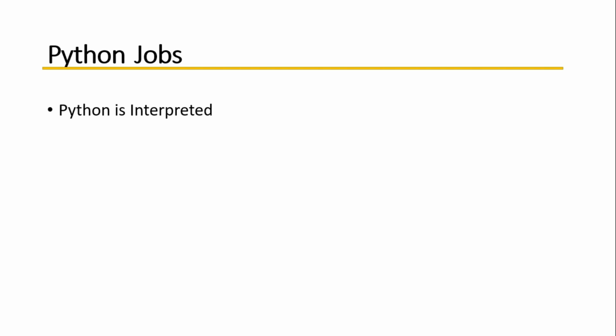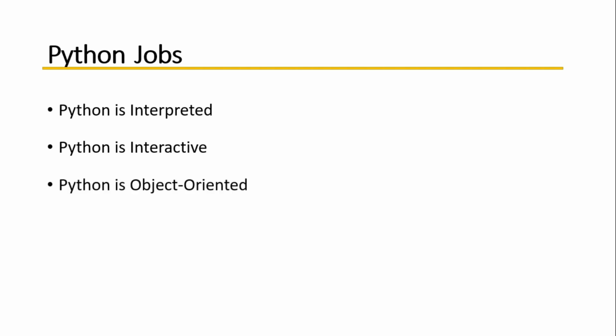I will list down some of the key advantages of learning Python. Python is interpreted. Python is processed at runtime by the interpreter. You do not need to compile your program before executing it. This is similar to Perl and PHP. Python is interactive. You can actually sit at the Python prompt and interact with the interpreter directly to write your programs.